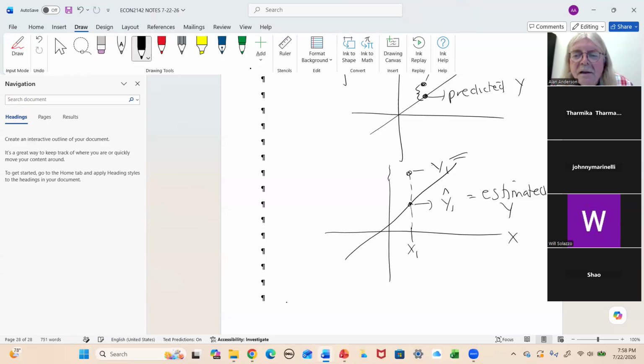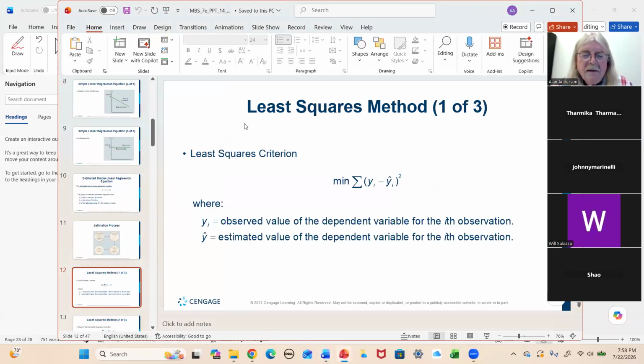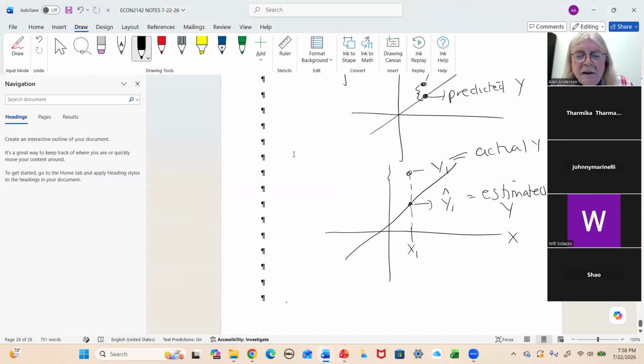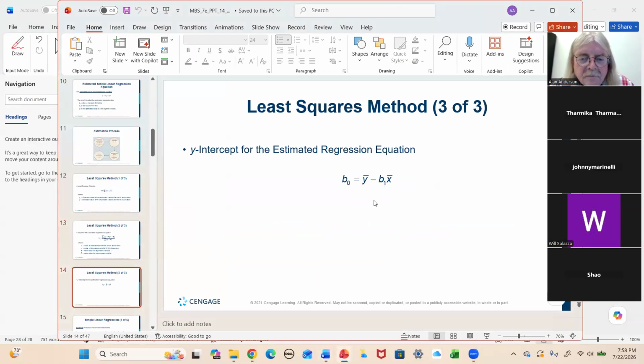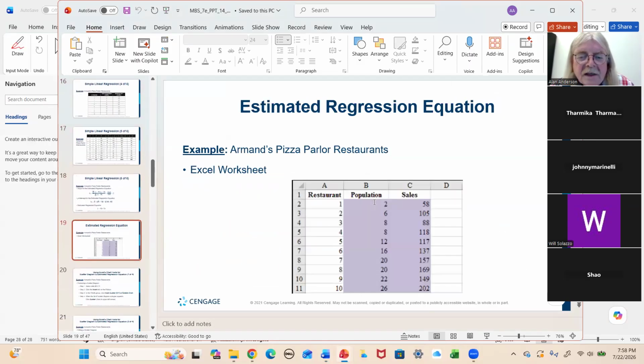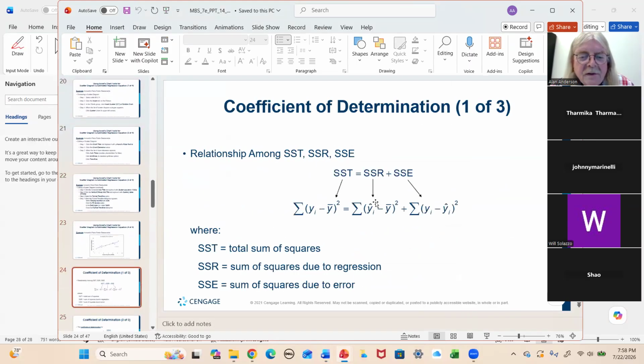And this is the actual y. So then they're going to tell us that. Let me just double check. I want to make sure I remember his notation.